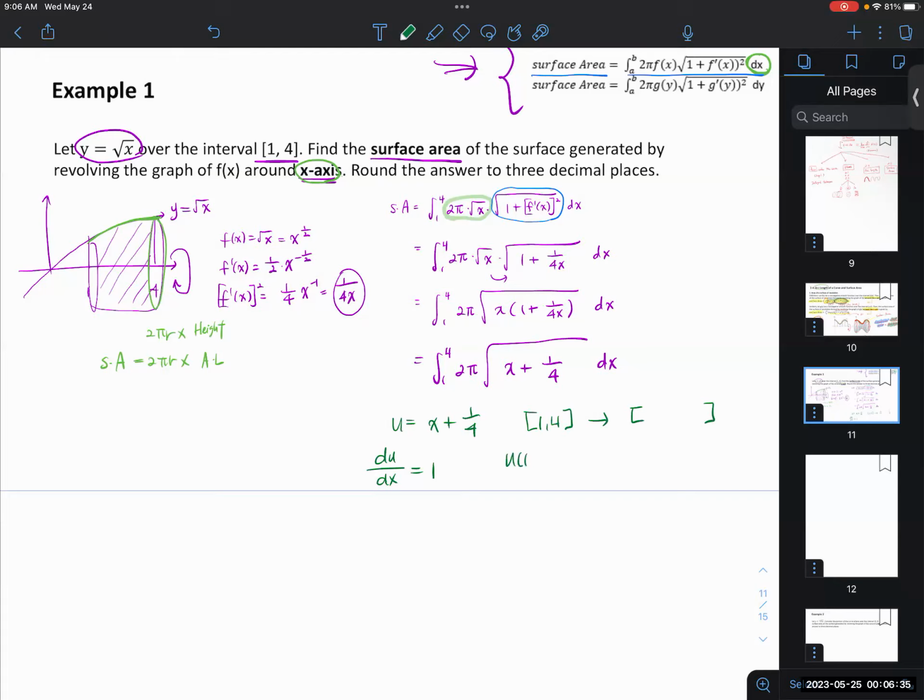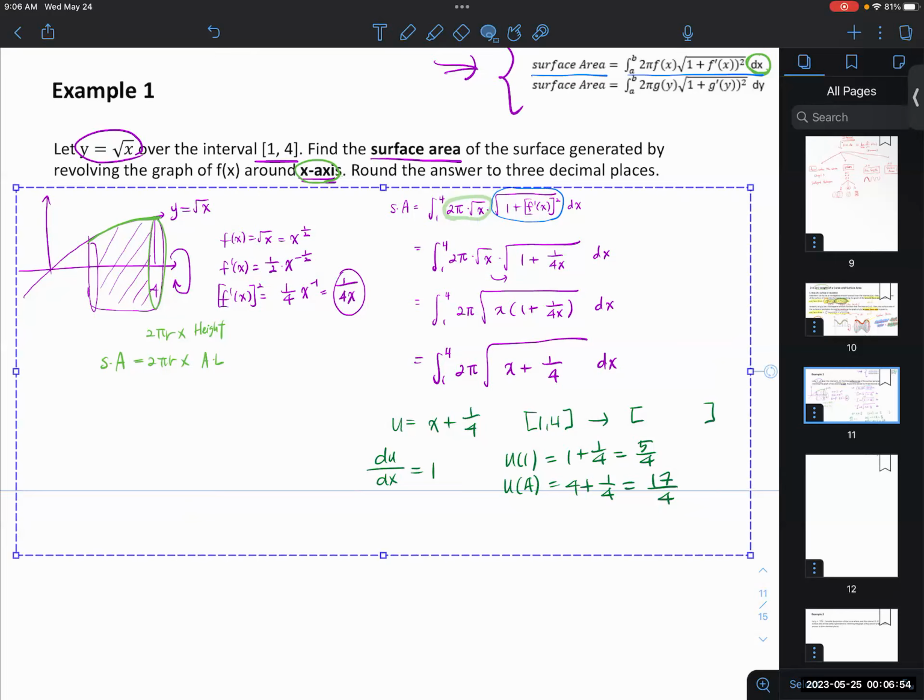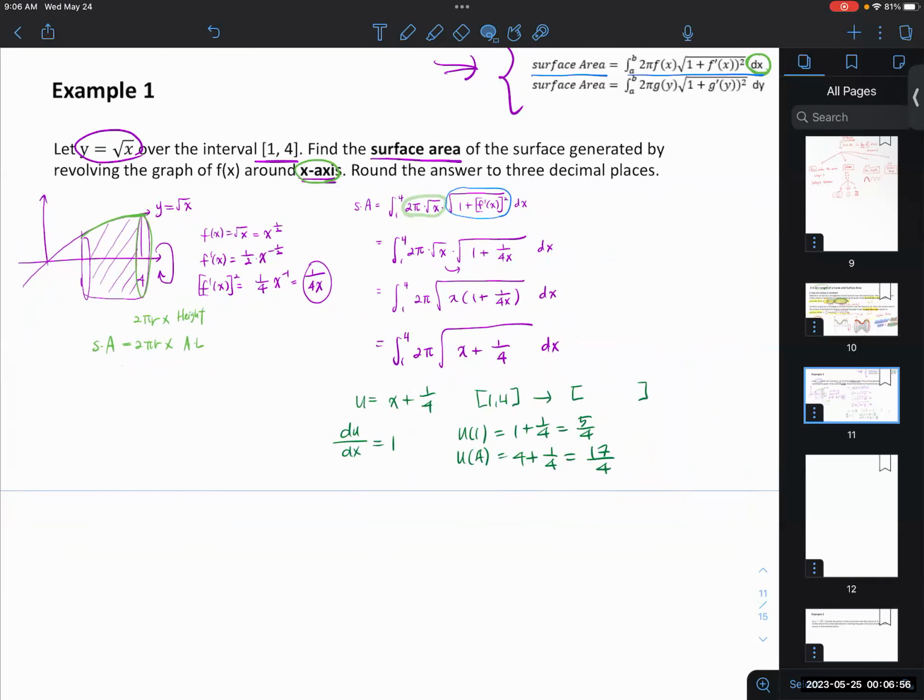So u(1) equals 1 plus 1 over 4, which is 5 over 4. u(4) is going to be 4 plus 1 over 4, which is 17 over 4. So if you write that, it is going to be from 5 over 4 to 17 over 4.